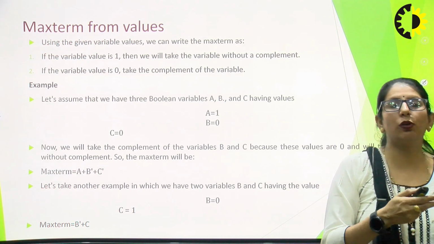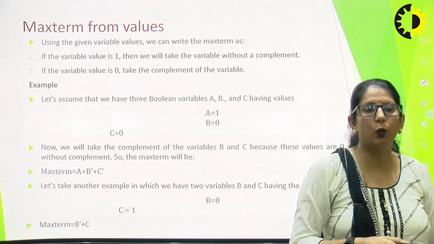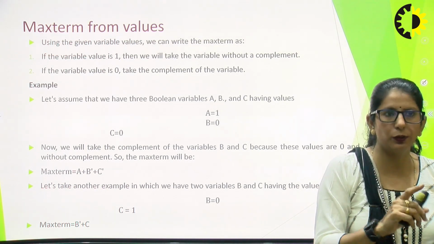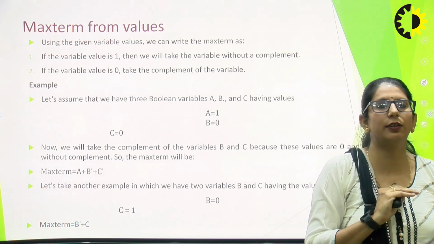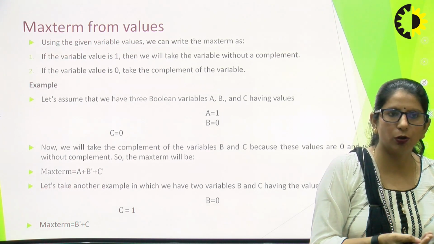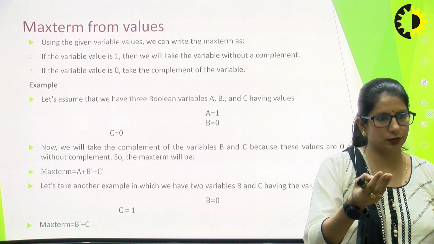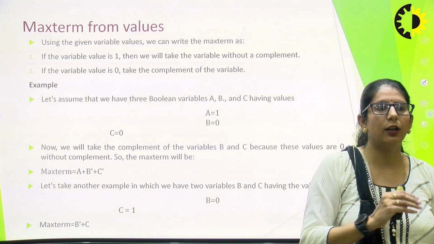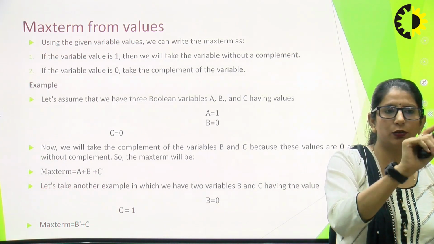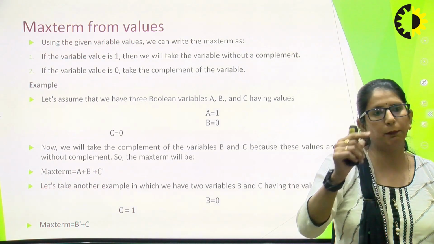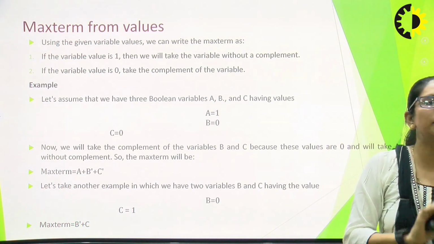Now, if we need to write it down as a max term, how will we write it? A has the value 1, so the variable is taken as it is, A. B has the value 0, so we need to do the negation of it, right? And C is 0, so we negate it too, and it is a sum of the literals. So A plus B bar plus C bar. This is the max term.